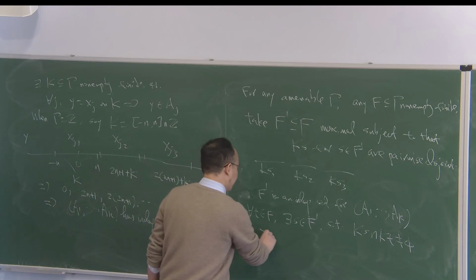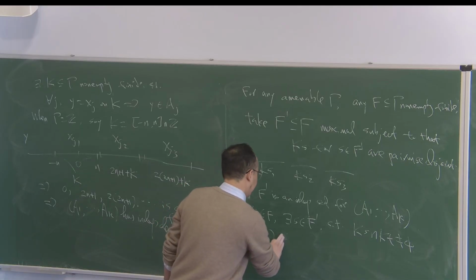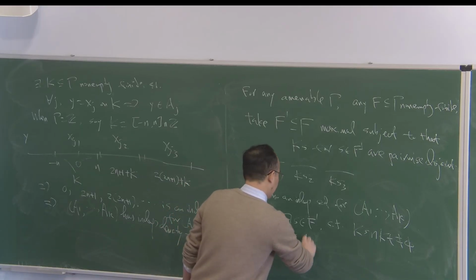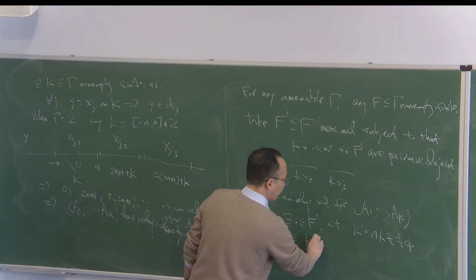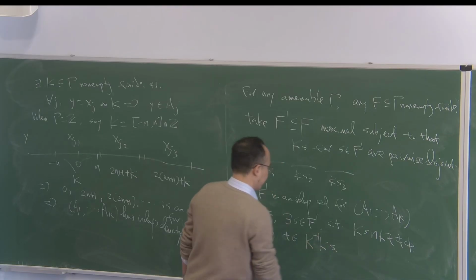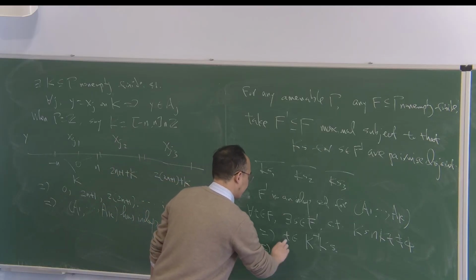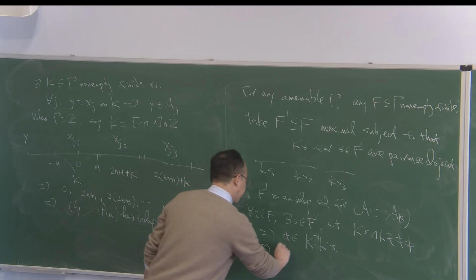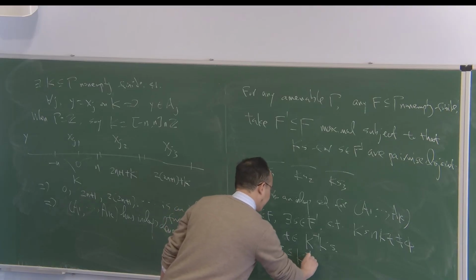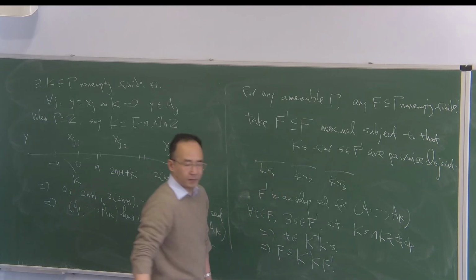But then this means t is contained in k inverse ks. Then, since t is an arbitrary point in f, f is contained in k inverse k times f prime.